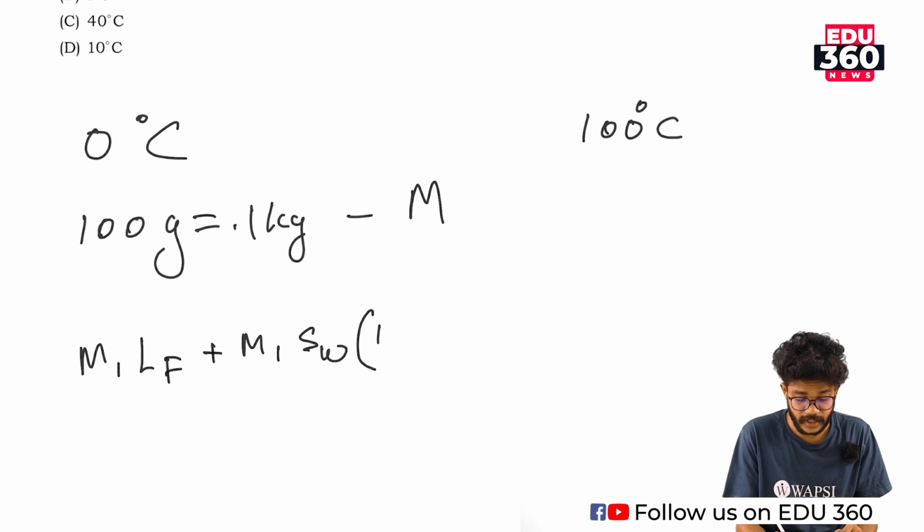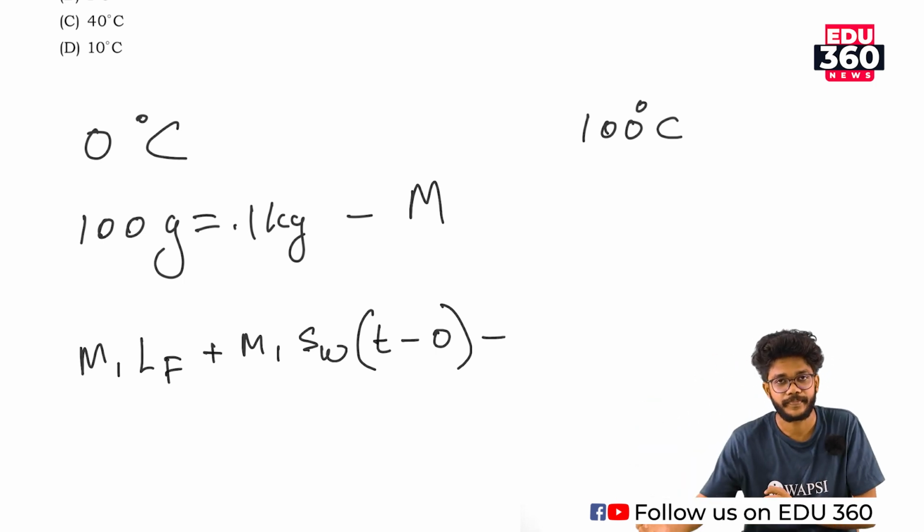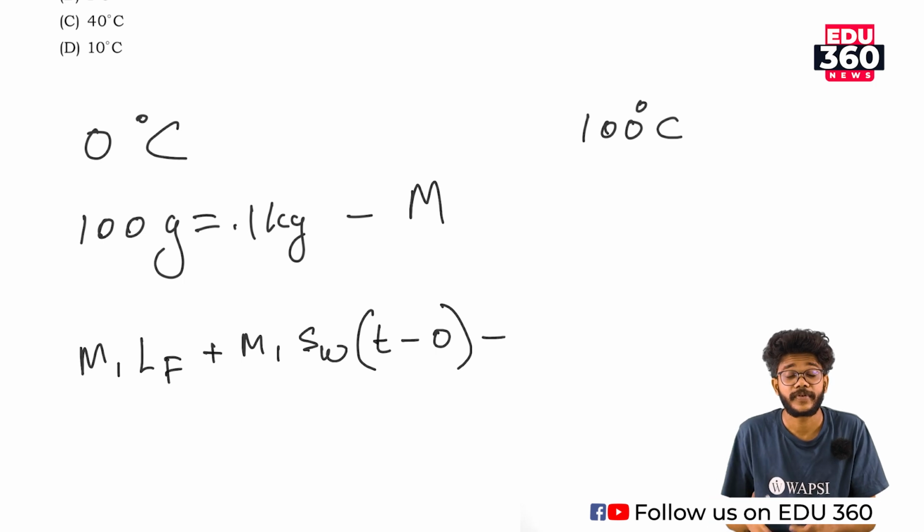The final temperature is T and the initial temperature is 0. Minus, why did I put minus? Because the energy is taken from the 100 degrees Celsius liquid state.